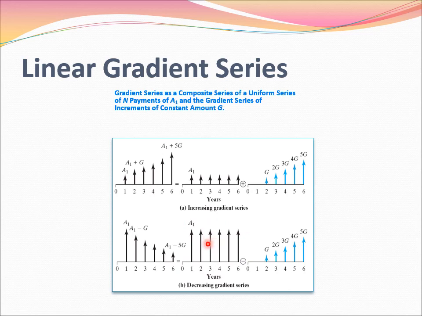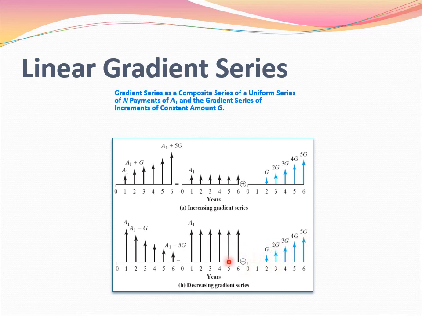Okay? But this time, as you can see, at each period there is a decreased amount of G. So in the first period, we need to have A1 minus G. So, but we don't know the formula for a decreasing gradient series. We know the formula for an increasing gradient series.